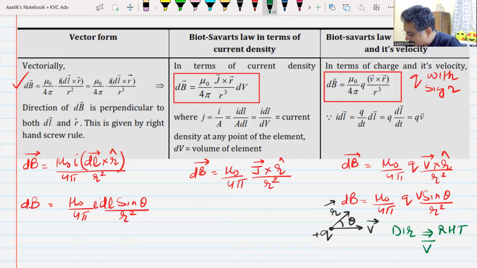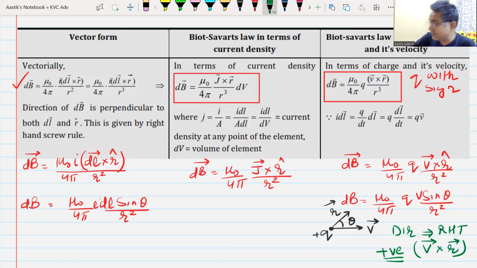You have to find the direction of cross product of v with r. But remember, it will only give the direction of magnetic field created by a positive charge. There is no way to find out the direction of field created by negative charge. So what do you do? Once you get the field created by the positive charge, if the charge is negative, just reverse it. Do you understand this? Yes, sir. So now I'll give you 2 minutes to note this down.